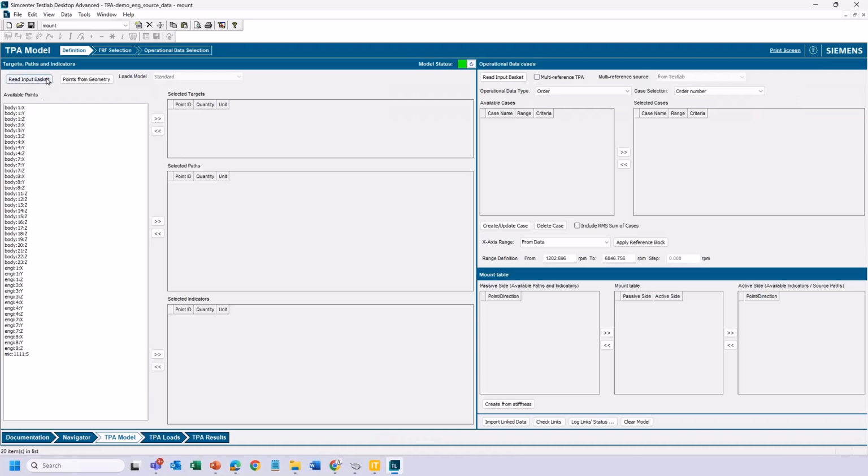What this is really doing is just reading the IDs from the data. You would want to have done the alias thing before this. In this particular case, we would pick the microphone, because again, we would know in advance that this was the measurement location of interest. That's our target location. And then we would pick our paths next.